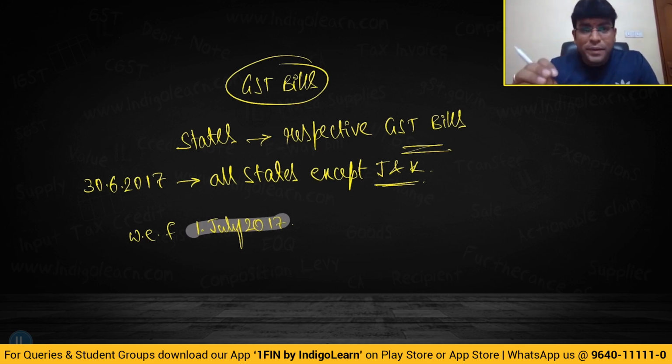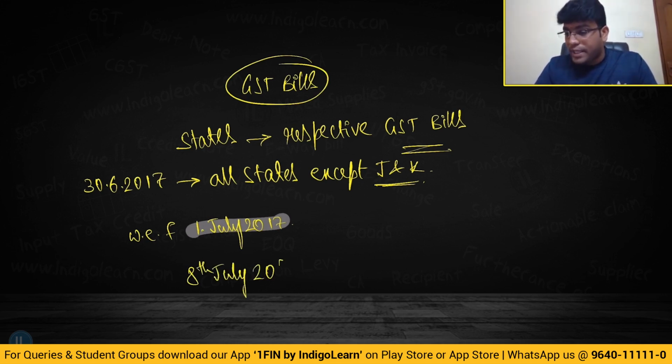So for Jammu and Kashmir, GST was not applicable. Strictly speaking, as on 1st of July, GST was applicable to the whole of India except Jammu and Kashmir. But subsequently, on 8th of July 2017, Jammu and Kashmir also passed their respective GST bill.